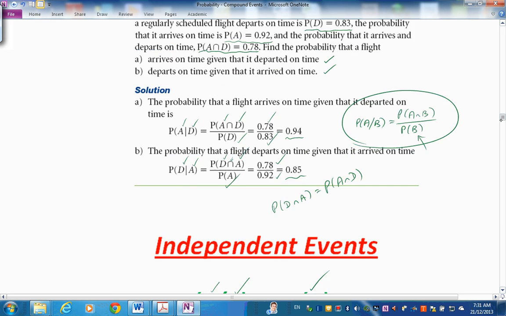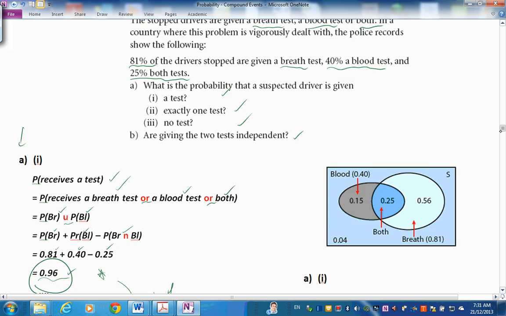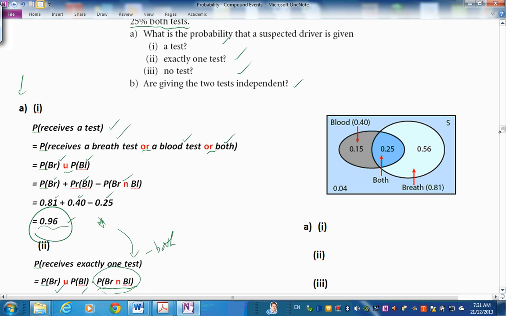Oops, too far again. Let's come back up here and have a look at the Venn diagram way of doing it. The Venn diagram way says, what's the probability of a test? Well, let's look at it. What has Pearson's done here? They said blood was 0.4, and that consisted of both, which is 0.25, plus 0.15, so it's broken the 0.4 down.